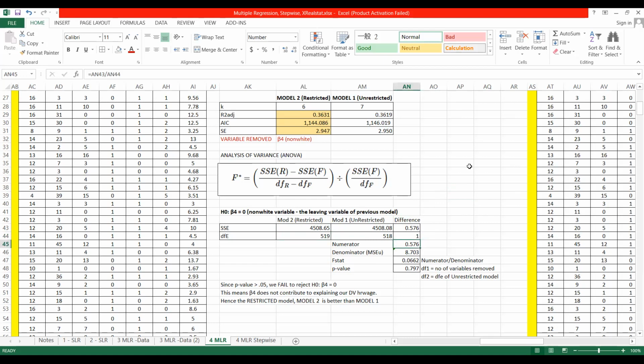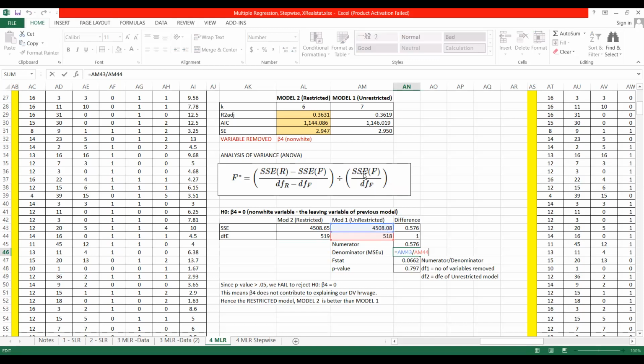Our numerator is simply the ratio of this one. And then our denominator is this, guys. You remember what this is? SSE unrestricted over DF unrestricted.